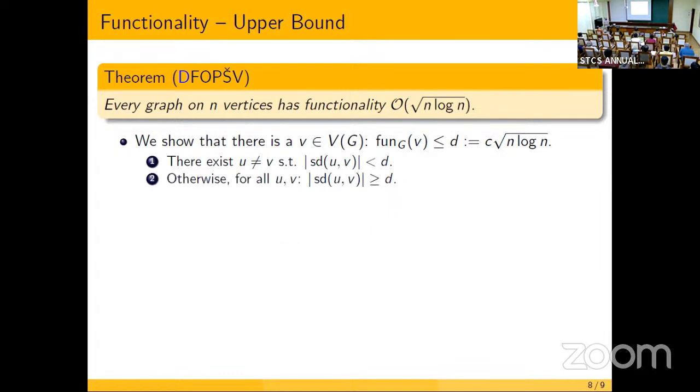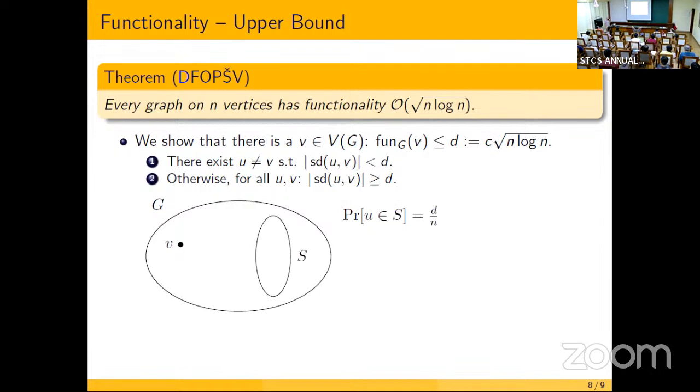The other case is that for all pairs, the symmetric difference is large. And in this case, we show that all vertices have a small functionality. We pick v, and we pick the set S randomly. We put each vertex into S with probability d over n.